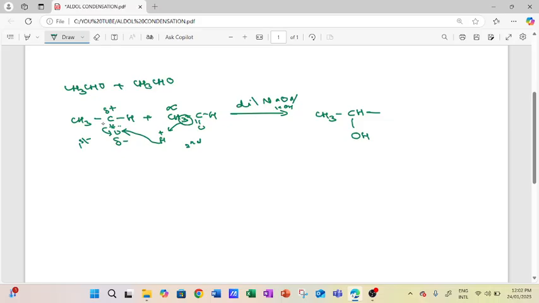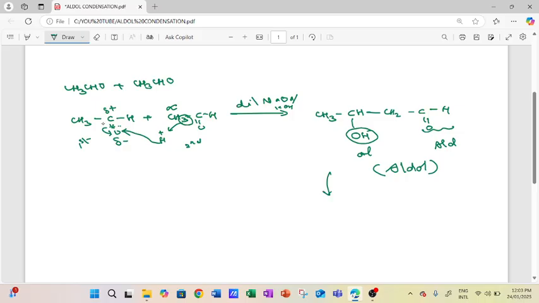So we write CH2 and the rest is C double bond O, H. So in this product, if you look, there is an alcohol group, alcohol ending with OL, and there is an aldehyde group. So both functional groups, aldehyde and alcohol, are there. That is why this product is called the aldol product. That is the reaction name, aldol condensation.